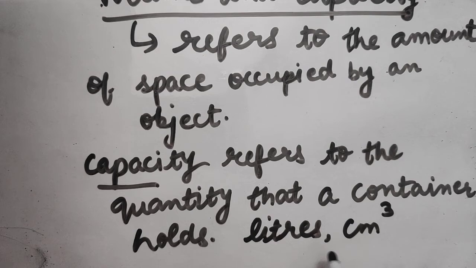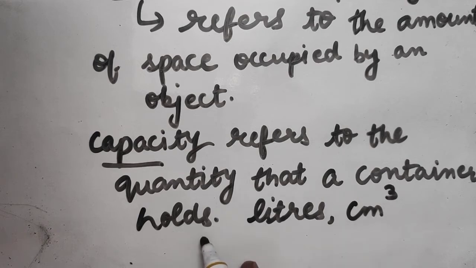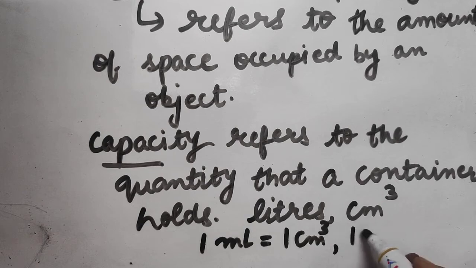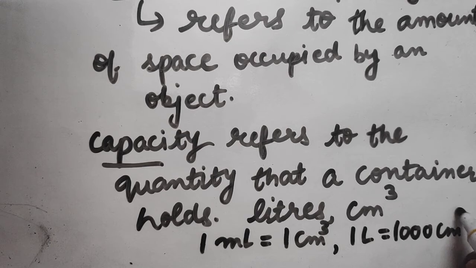And there is a relation between liter and centimeter cube: 1 milliliter is equal to 1 centimeter cube, and we also know 1 liter is equal to 1000 centimeters cube. So this is the relation between milliliter, centimeter cube, and liter.